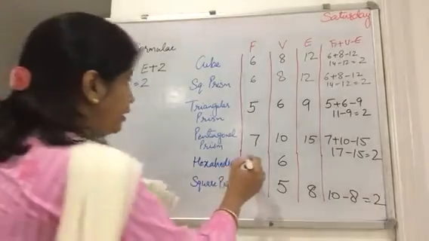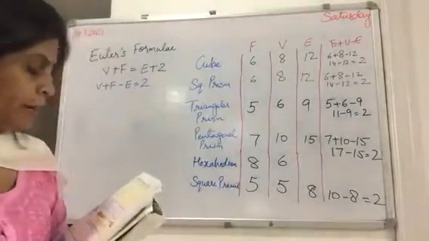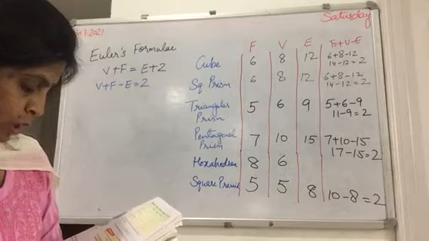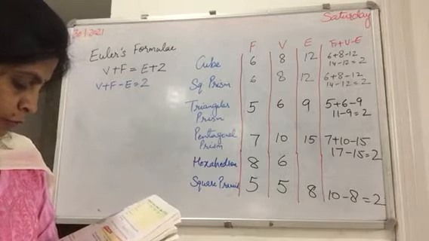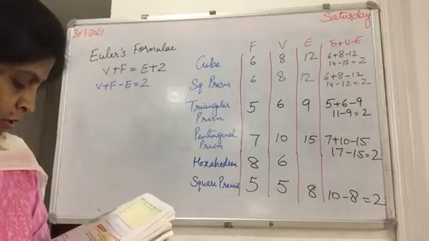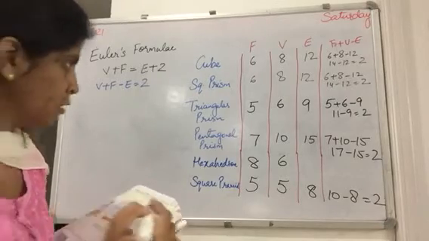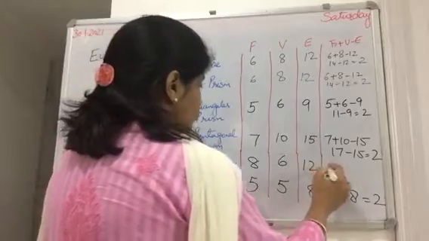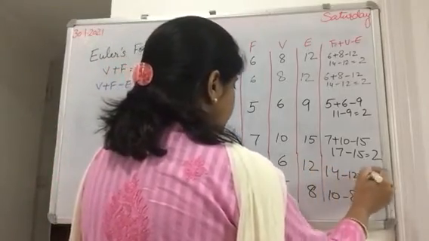Faces are 8 in number, and edges: 1, 2, 3, 4, 5, 6, 7, 8, 9, 10, 11, 12. So 6 plus 8 is 14, minus 12 is 2.